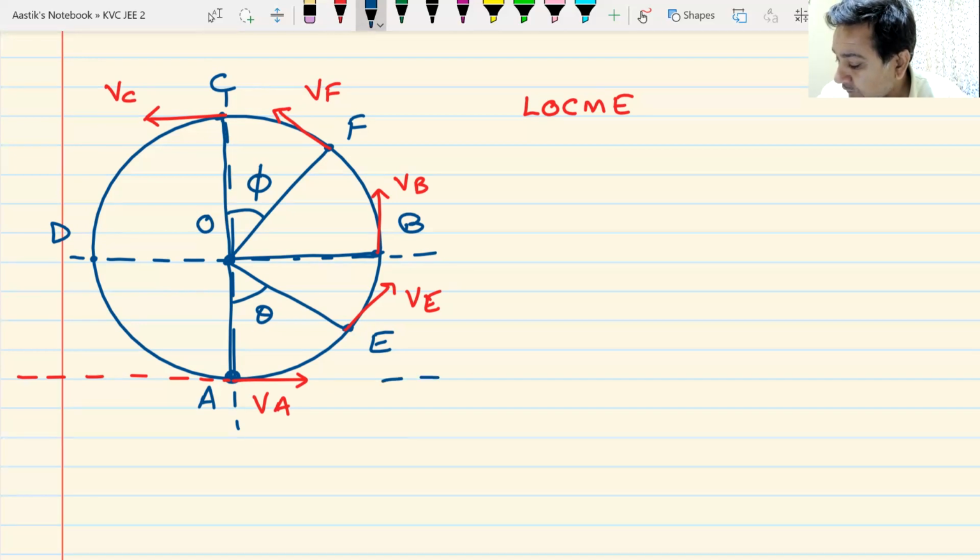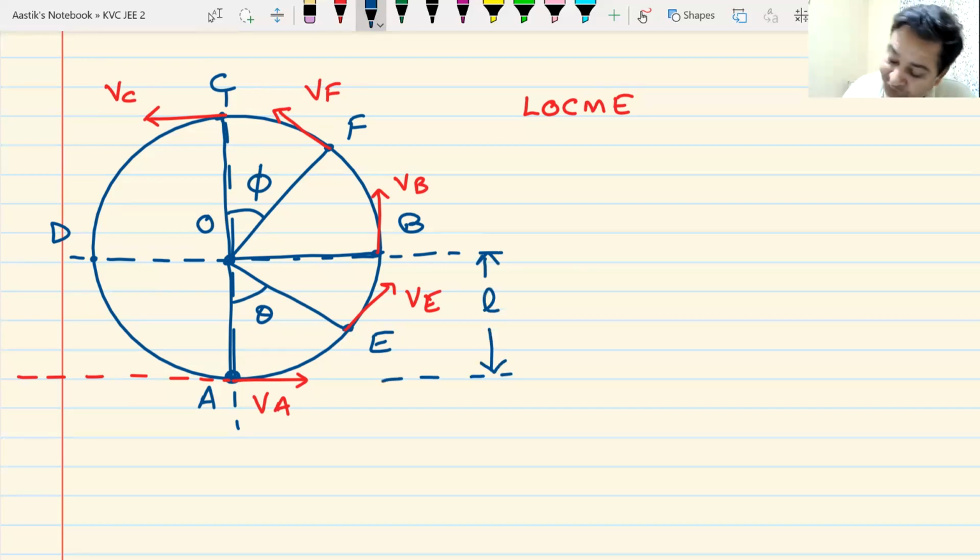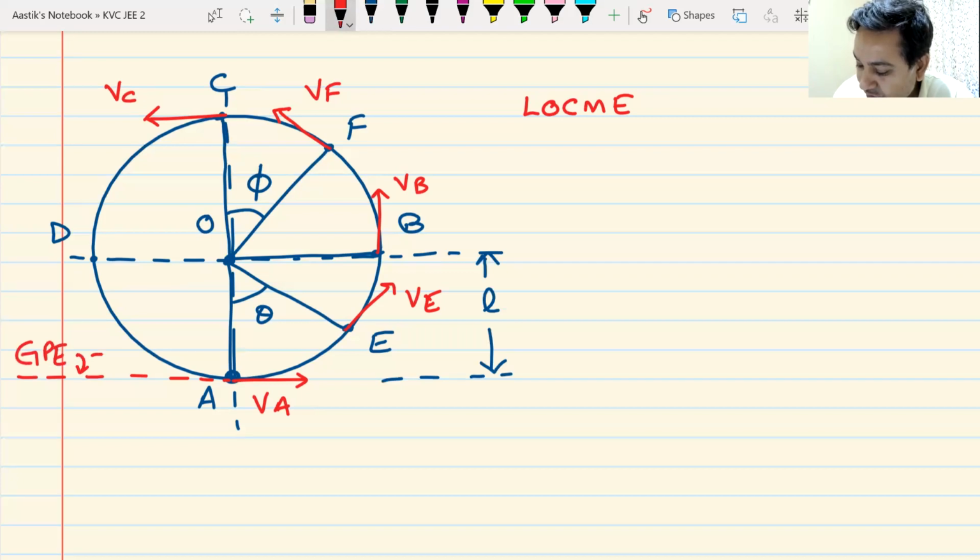A, sir. Yes, A. I always try to give the lowest point zero gravitational energy. So the gravitational potential energy of this point is zero.